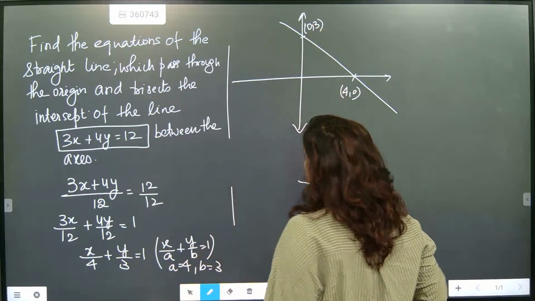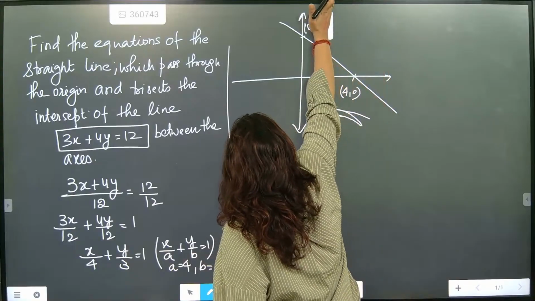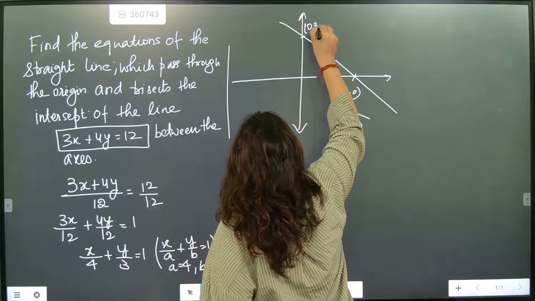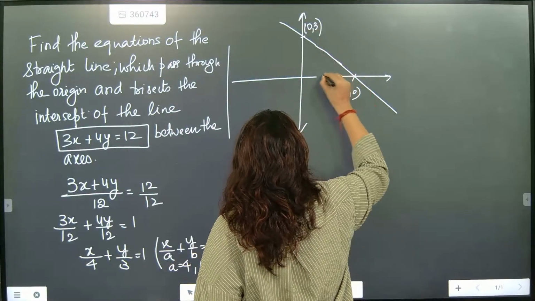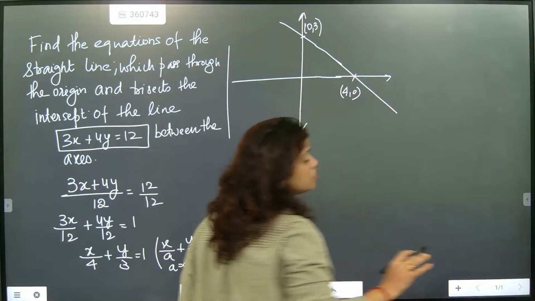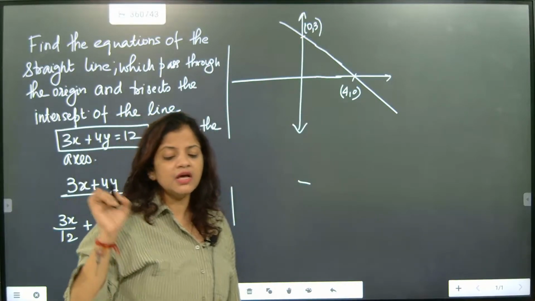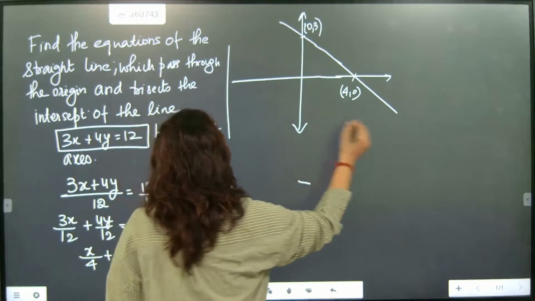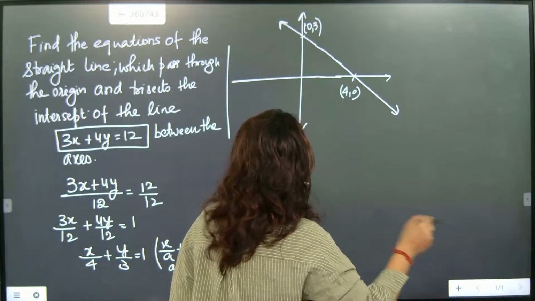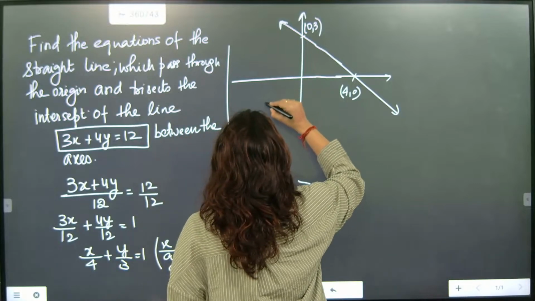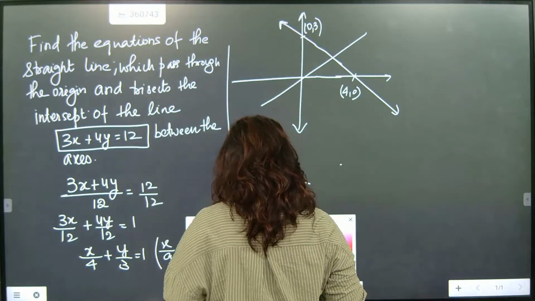This is the most important thing you must remember. Now they are telling that the line is crossing through the origin and intercepting this line. This line we are going to consider as x1, and it is intercepted. So this is one line which is drawn.